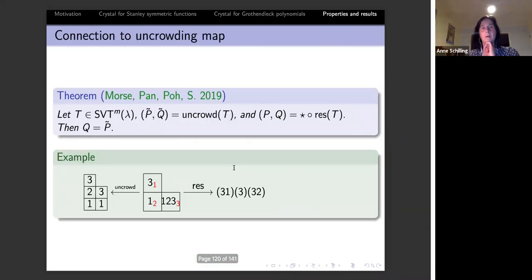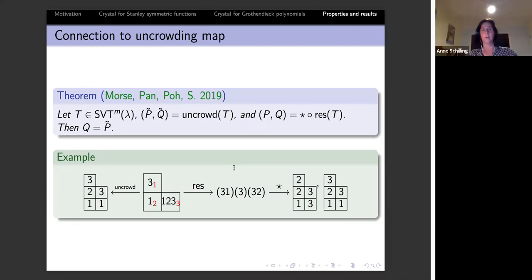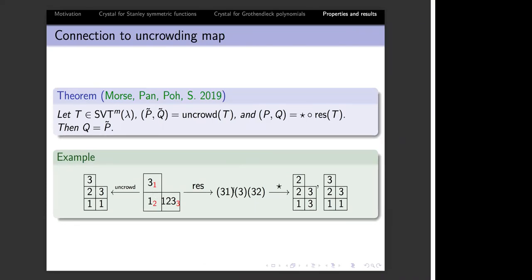Yes, this stuff. Let me understand. You have on the one hand set valued semi-standard tableau, on the other you have decreasing factorization, and you have skew pairs of tableau, right?